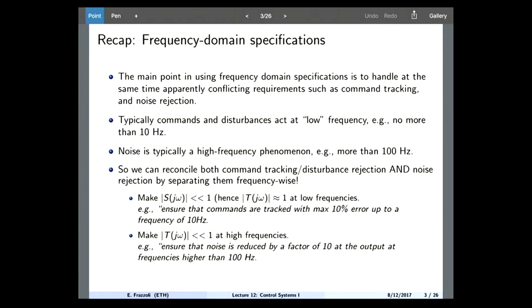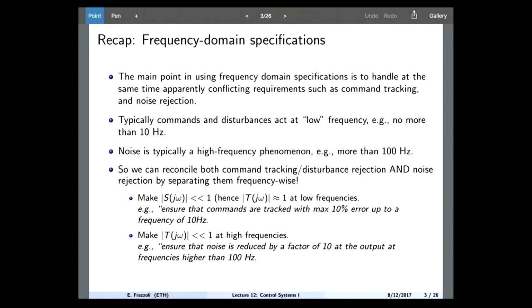What we want is to make sure that the closed loop transfer function is about 1 at low frequencies. The closed loop transfer function being 1 means that the output is exactly the same as the input, so you want the output to match the input at low frequencies.